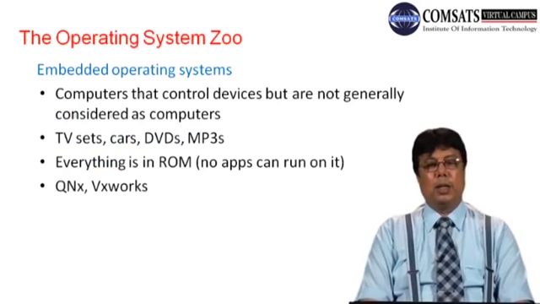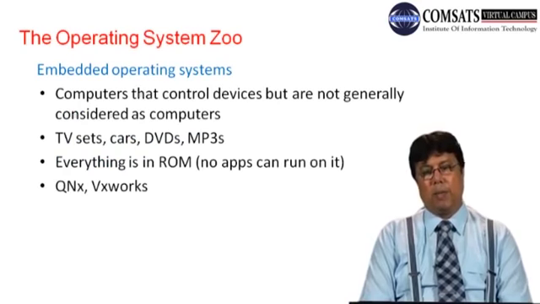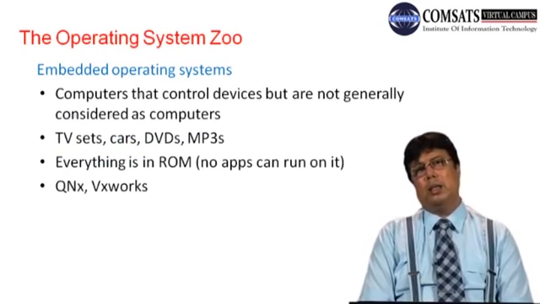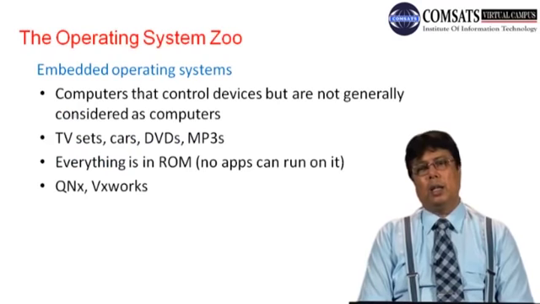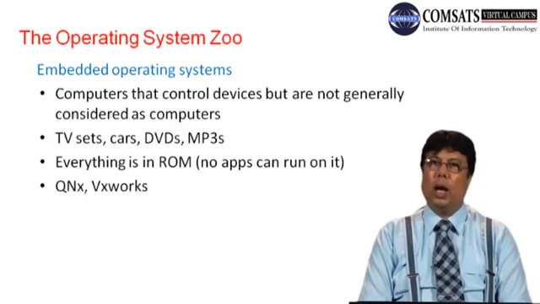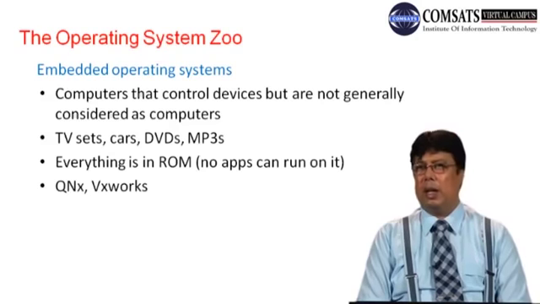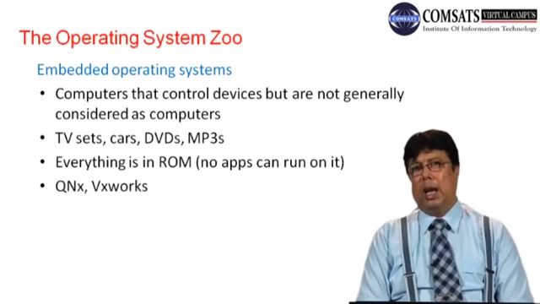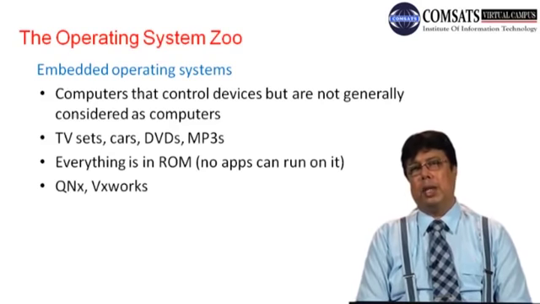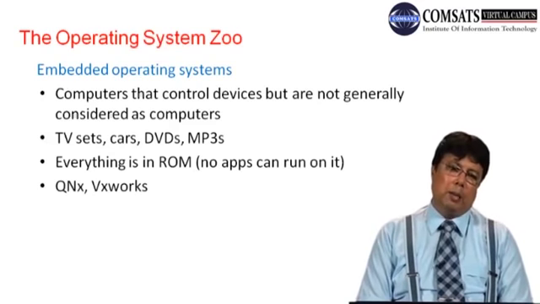Then embedded operating systems. ये भी operating system है, इसलिए कि the modern devices, although they are not computers, but they are working like a computer. They have the concept like the computer. They have the implementation like the computer.